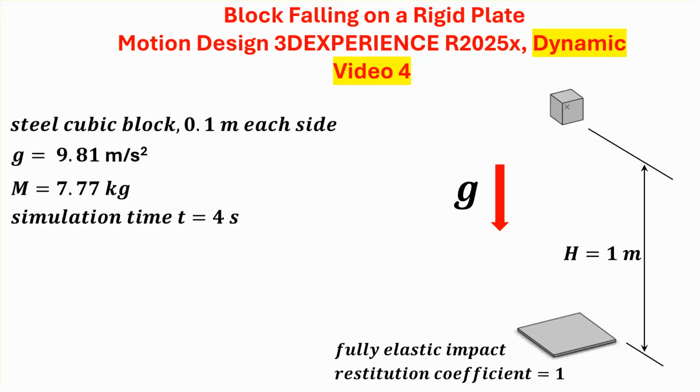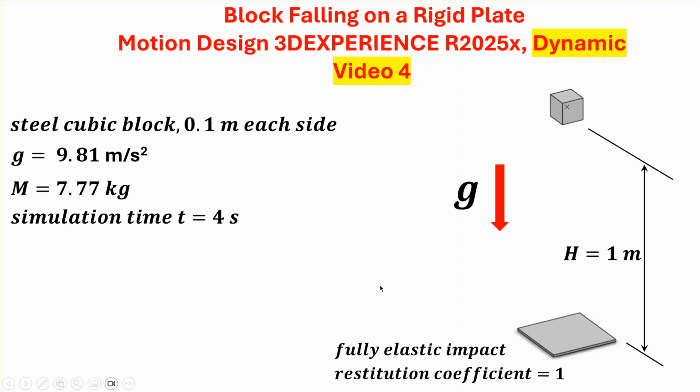Now, here are the dimensions of the block, 0.1 meter, 10 centimeter basically, and default properties of steel are used. So if you look at the dimension of this block, 0.1 by 0.1 by 0.1 meter, a 10 centimeter cube basically, you multiply it by the default density of steel in 3D experience, and you come up with about 7 kilogram.